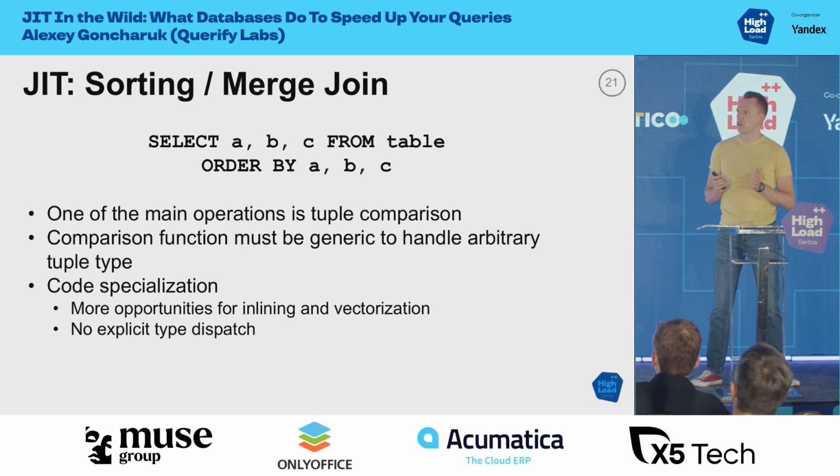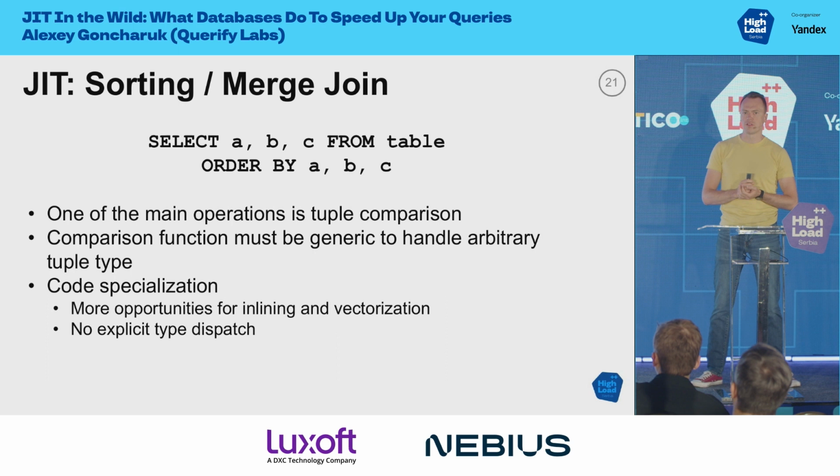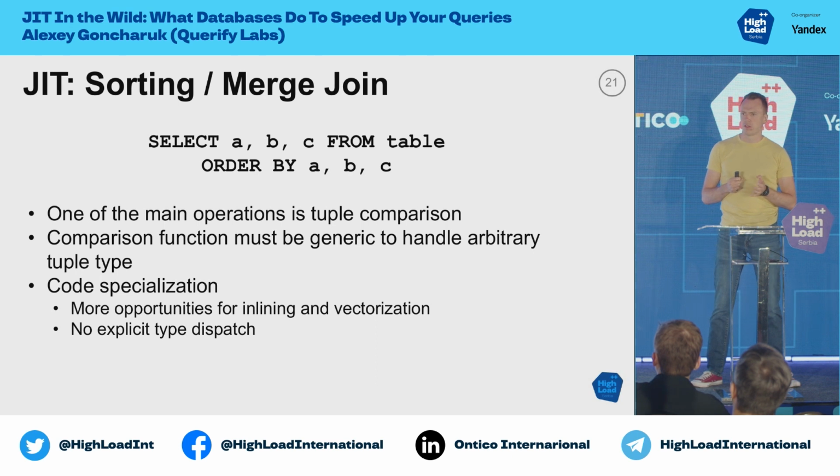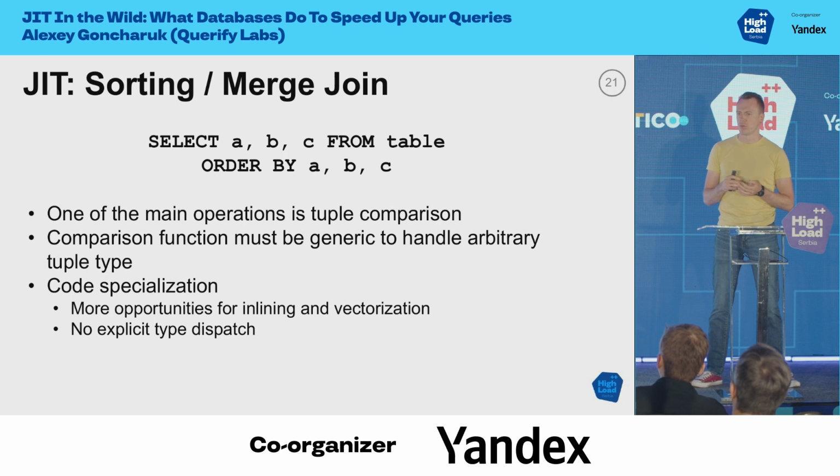So essentially, in short, the key opportunity that we may take when executing relational operators is code specialization, because you know in advance the type information, and you know certain invariants, for example, uniqueness of the column.